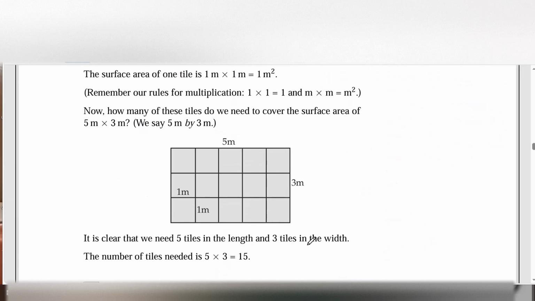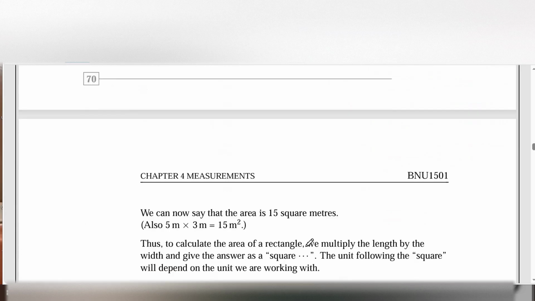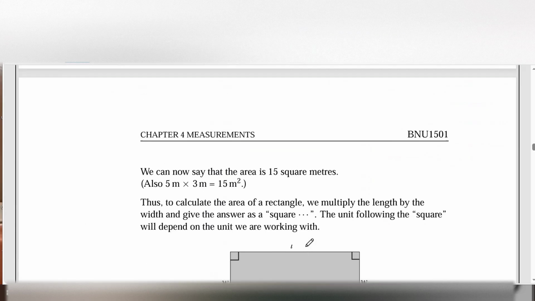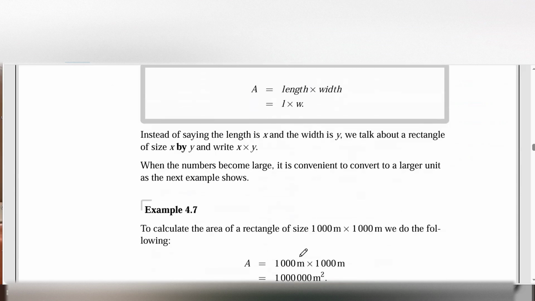Okay, so they are trying to draw the blocks for you and show you how it is done, okay? But we're not gonna draw blocks. We just need to know how to use the formula and carry out the calculations. Okay, so at the end of it all, they are just going down to show you that this is the formula that we always use.